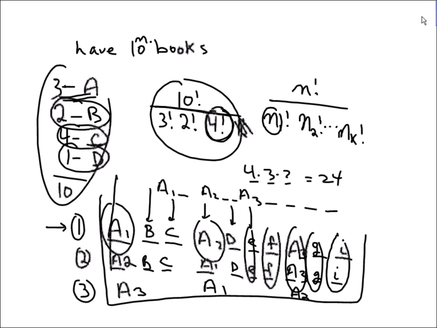These are just the number of times one of the books comes up. This is the number of times a different book came up, and this is the number of times yet a different book came up. Come up means we have 3 of the same books. It came up 3 times.